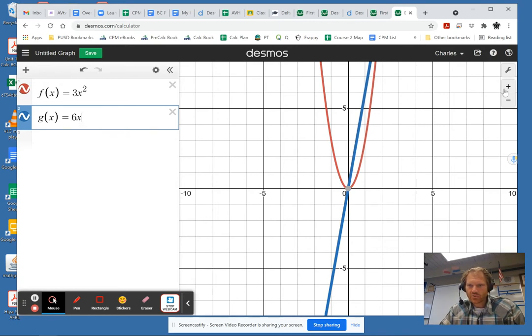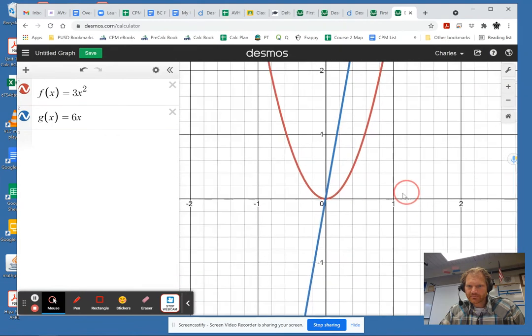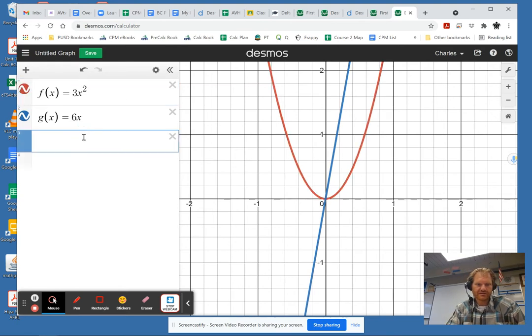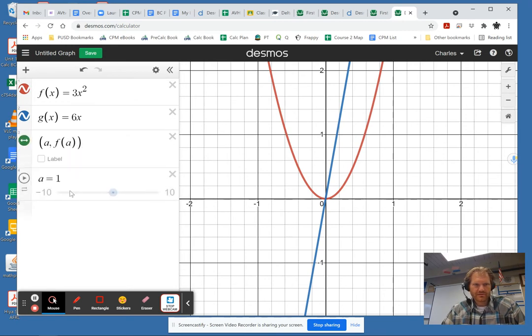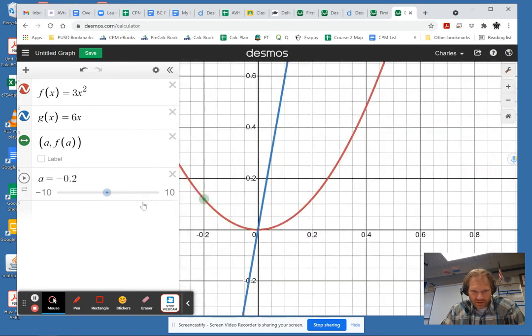And now, if you look at what's the slope of this at any point, let's say a comma f of a, if I move this around, right at 0, the slope of the tangent line is 0, and the value of the derivative is 0.